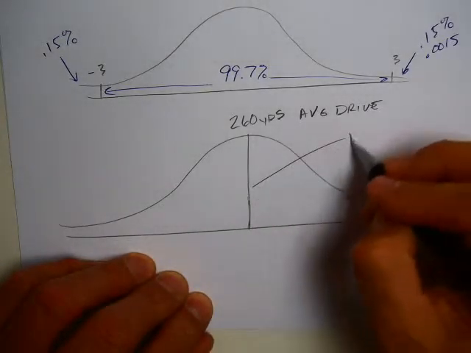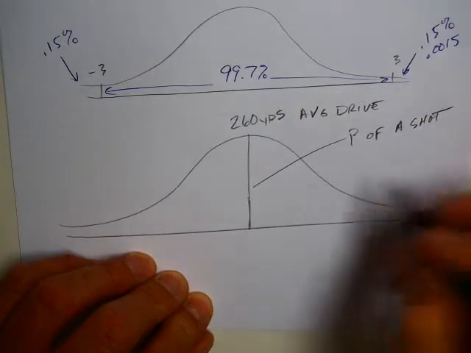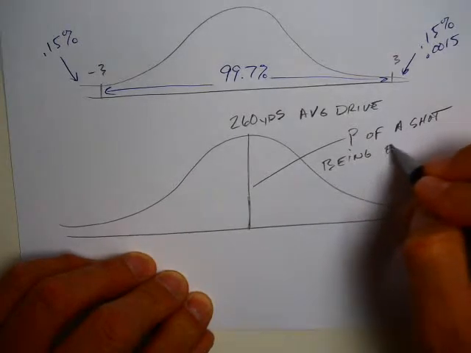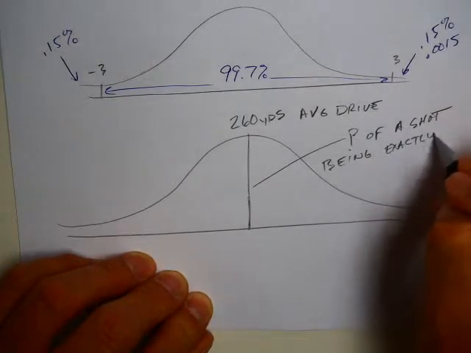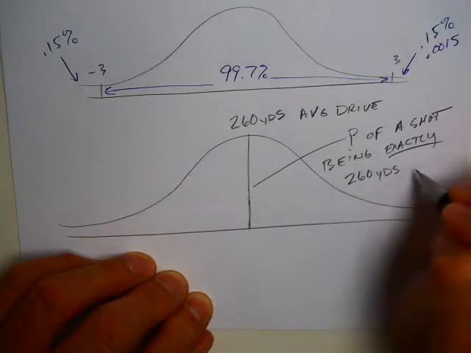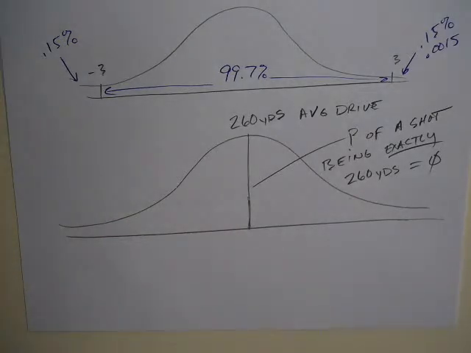The probability of a shot, or drive, being exactly 260 yards is zero. Okay? So basically what's happening here is that the line that we define the median by is infinitesimally small. The line occupies no area under the curve.